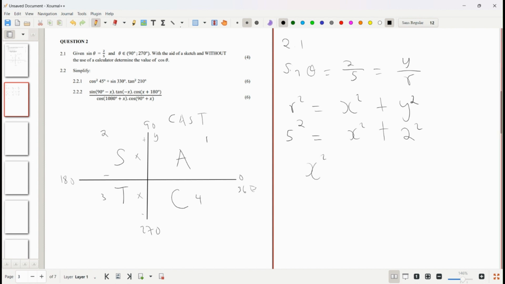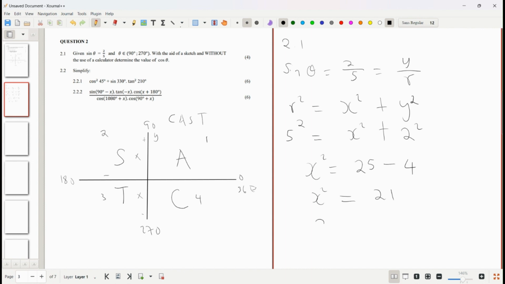So we write x squared. X squared will equal 5 squared, which is 25, minus 2 squared, which is 4. So we have x squared equal to 25 minus 4, which is 21.